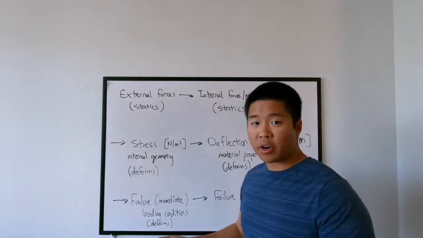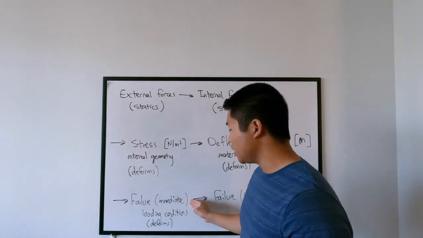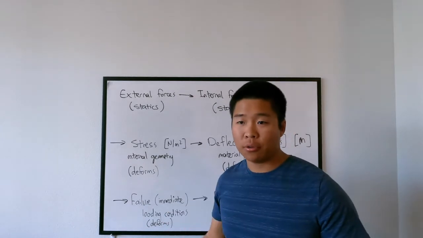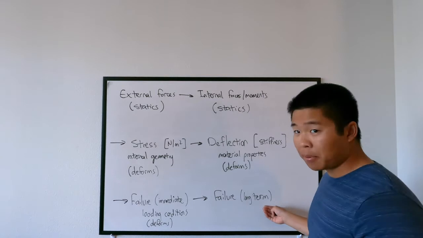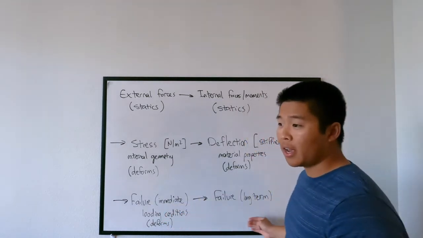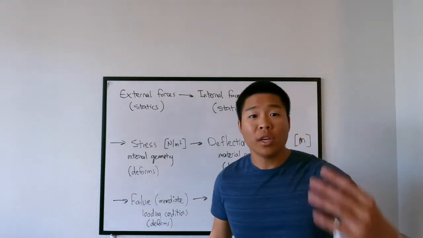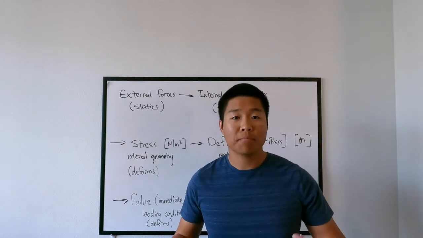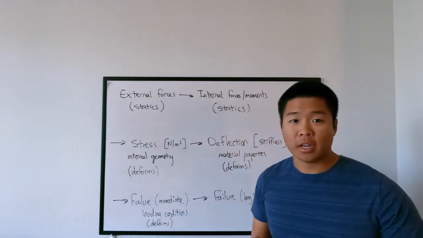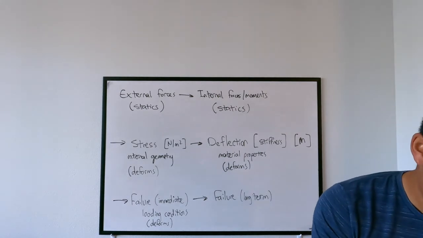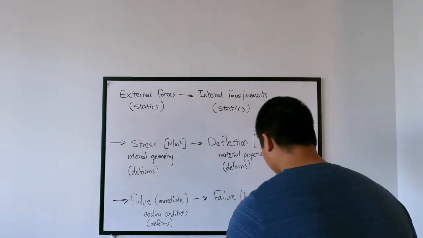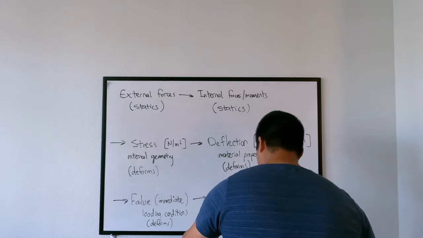You say, oh, it's not going to break because it didn't fail immediately, but after you drive it for a few years, something might break. Why? Because something happened between the time that you bought it and the time that it broke that ended up weakening or changing the properties or stress and loading conditions. And the long-term failure is based on such things as environmental factors.